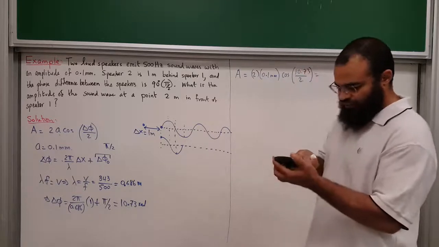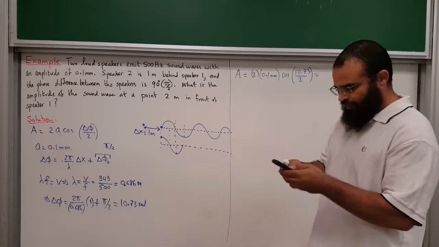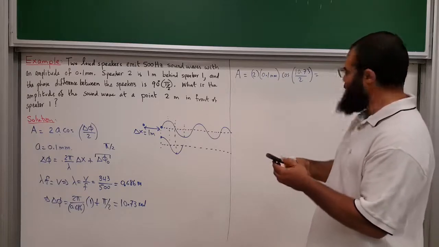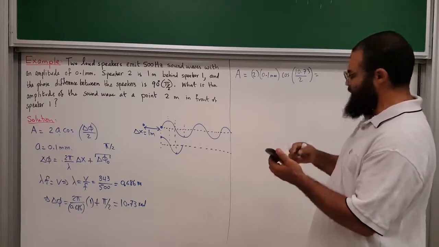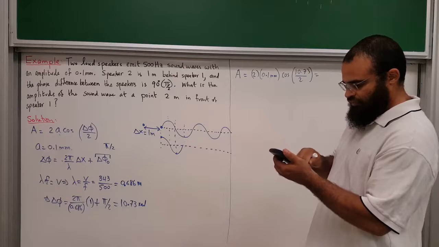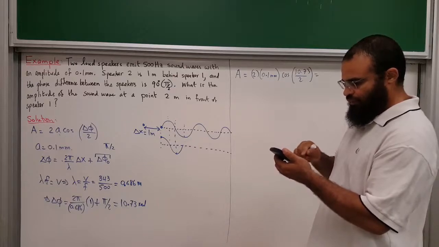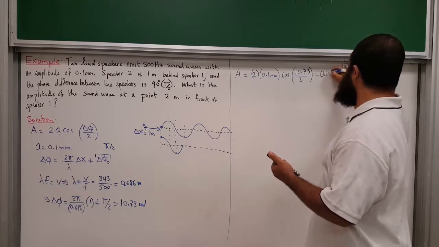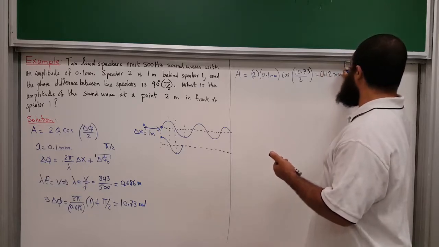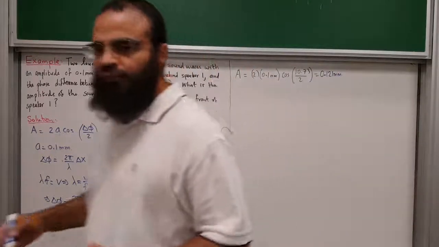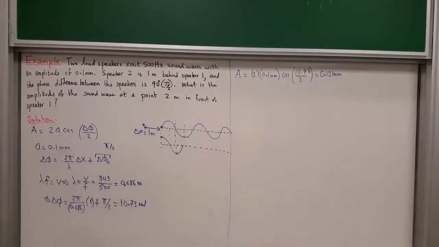I'm in radians here, so that's good. Then times 2, and then times 0.1 millimeters. So I get 0.12 millimeters. 0.121, if you like. And I think that is what they have.